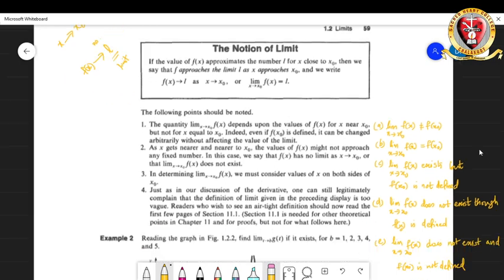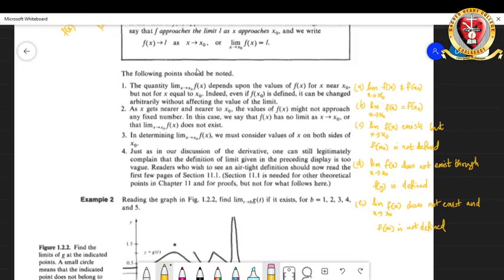So there are some remarks or notes we have to keep in mind. Limit x tends to x naught f of x depends upon the value of f of x for x near x naught, but not x equal to x naught. It is not always necessary that limit x tends to x naught f of x is equal to f of x naught. There can be cases like this, according to our functions and points.